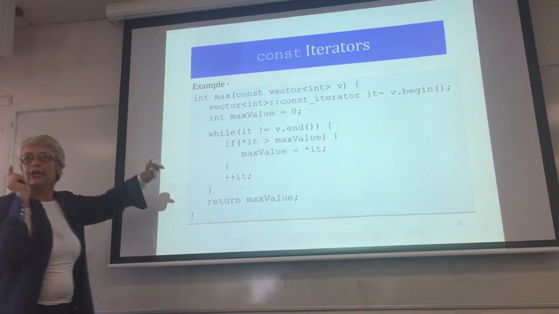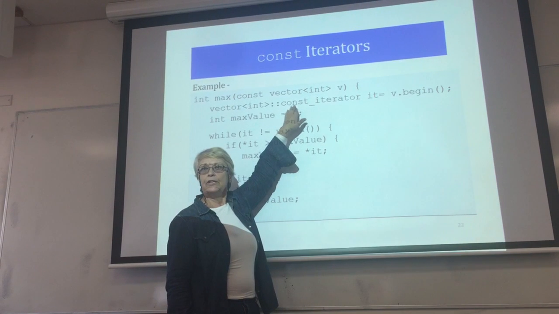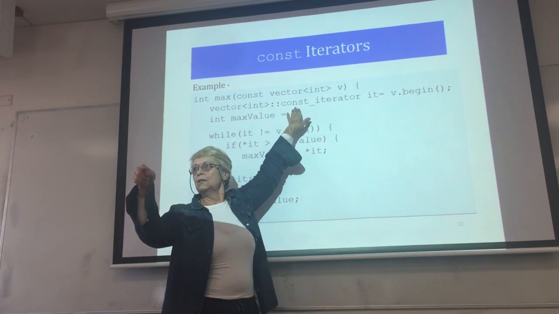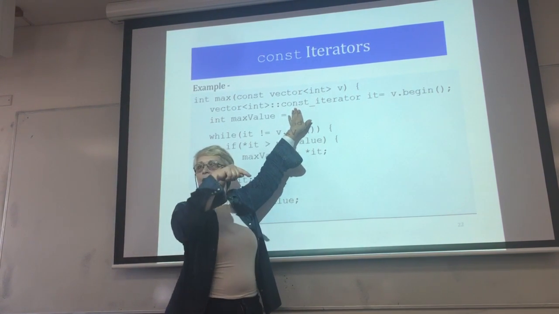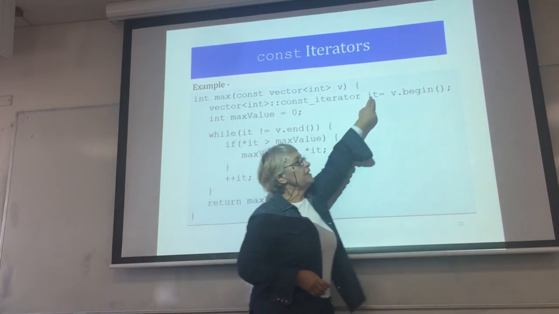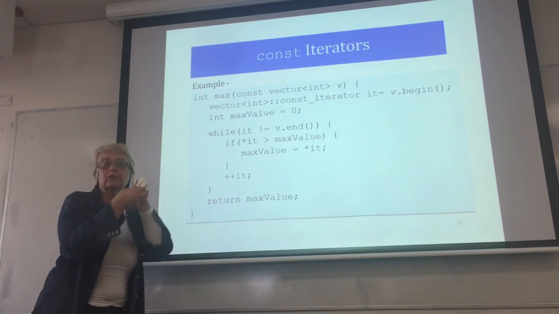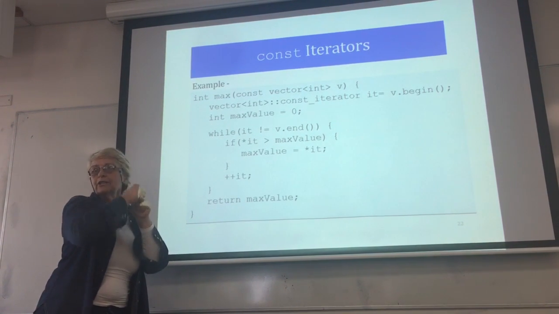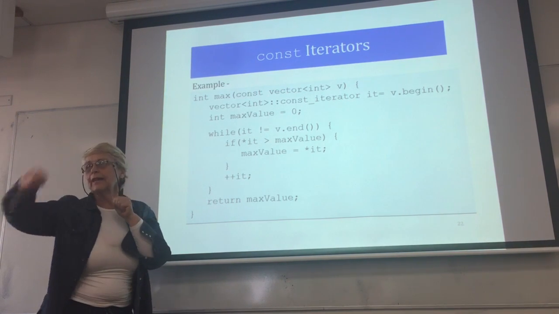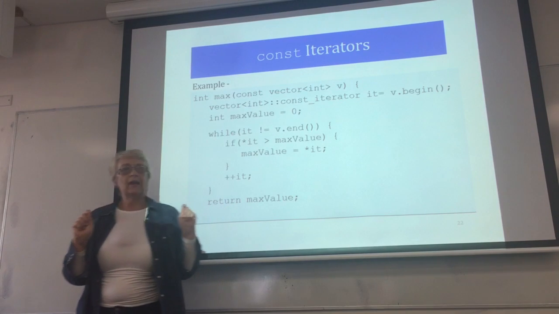What is a small change you have to do? Set this to the first element in the sequence, dereference IT. Dereference IT, set the maximum value to the first element. And in this way, then you compare with every element and you end up with a proper maximum value.